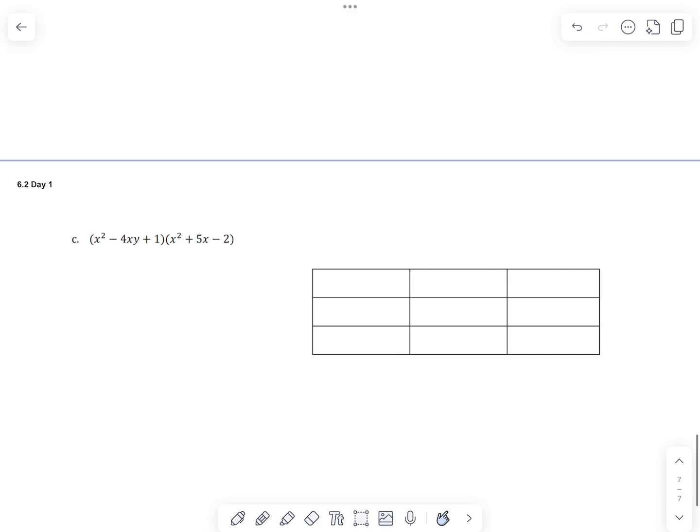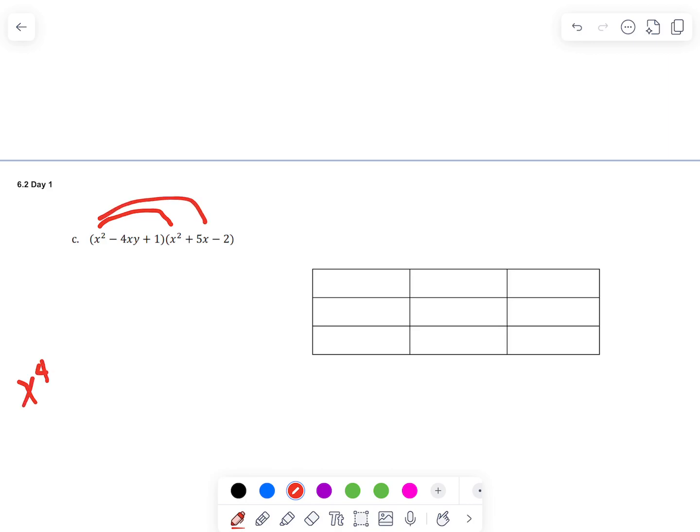All right, our last one. Now we have a trinomial times a trinomial. So I'll distribute first the x squared to the x squared. So that's x to the fourth. Then we get 5x cubed minus 2x squared.